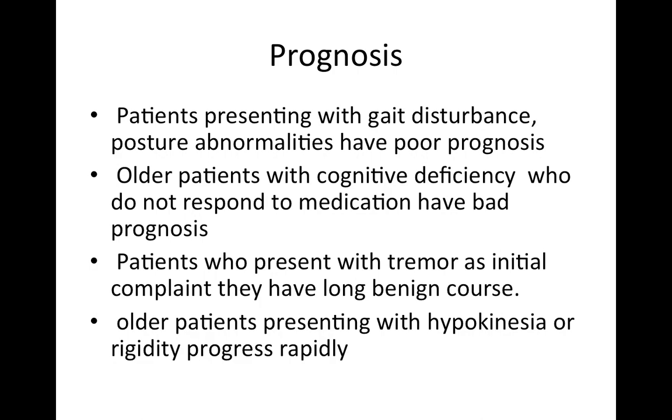And older patients with cognitive deficiency who do not respond to medication do have poor prognosis. Patients who present with tremor as initial complaint have a long benign course. This is a good observation. Older patients presenting with hypokinesia or rigidity also progress rapidly, ending in death.